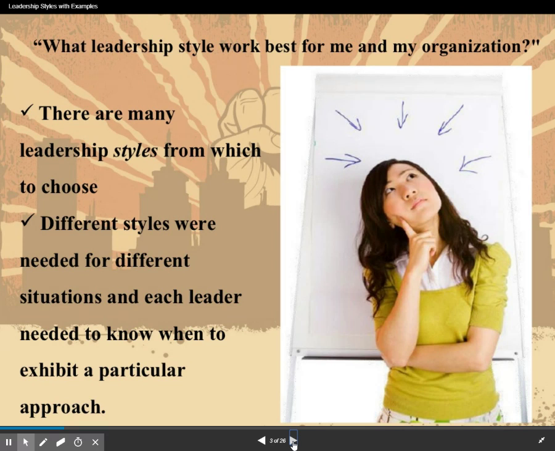You may also need to use different types of leadership in different situations. As a parent, lots of times you're an authoritarian. You do what I say. Sometimes you get to make group decisions. Sometimes you get choices. So we're going to talk about the different types of leadership.